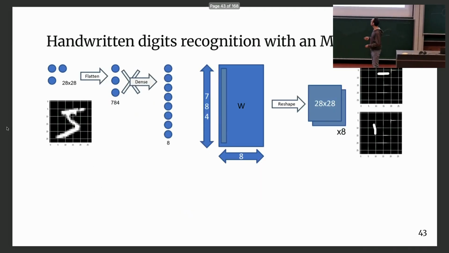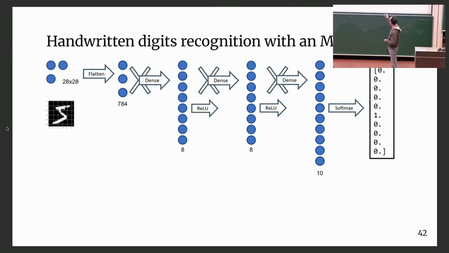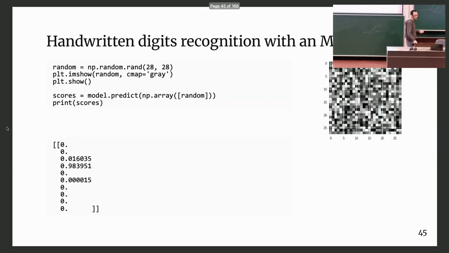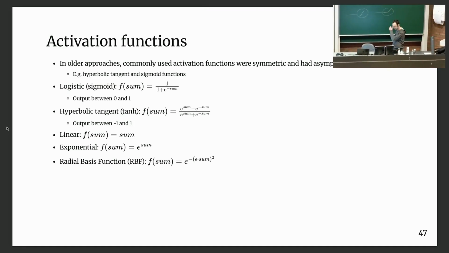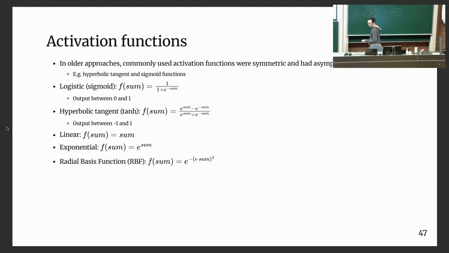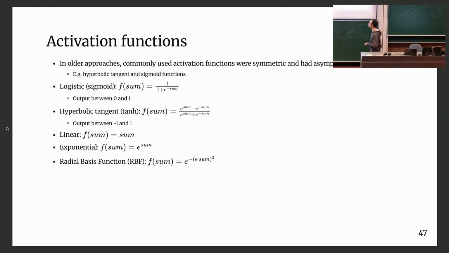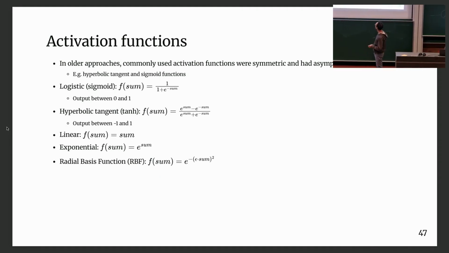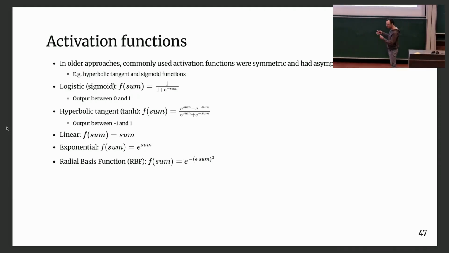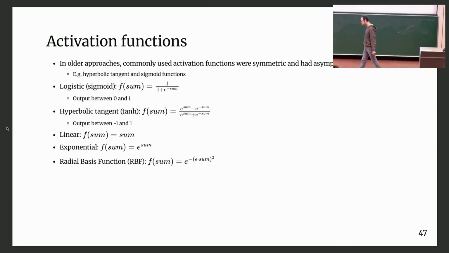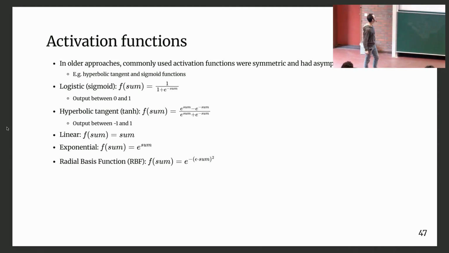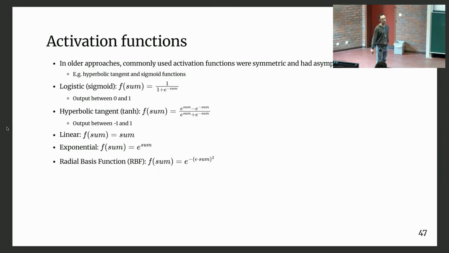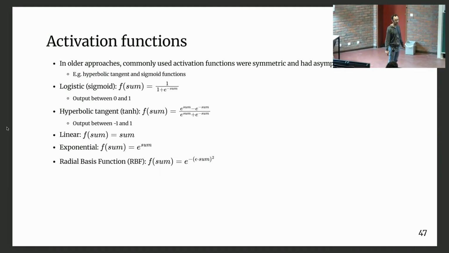Now, that's not the case for the activation functions that we have put into these hidden layers, for these intermediate neurons. There we are free to be more flexible with the activation function that we utilize. And at the very beginning of artificial neural networks, people thought that it was good practice to use activation functions that are symmetric across negative and positive domain and had asymptotic ranges, like a sigmoid or a hyperbolic tangent, for the intermediate units as well.